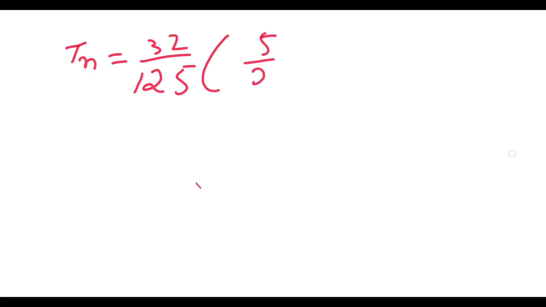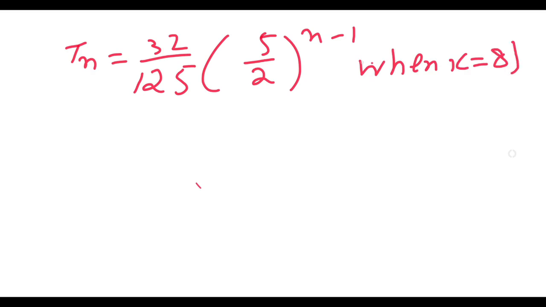So I got Tn is equal to 32 over 125 multiply 5 over 2 power n minus 1 when x is equal to 8.